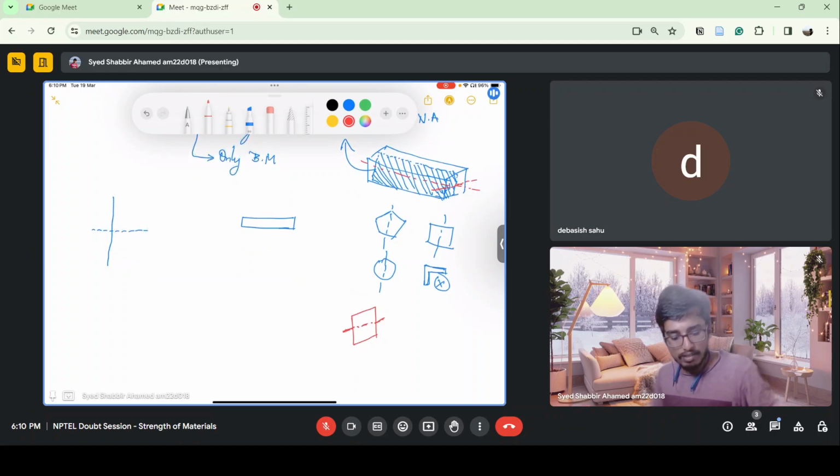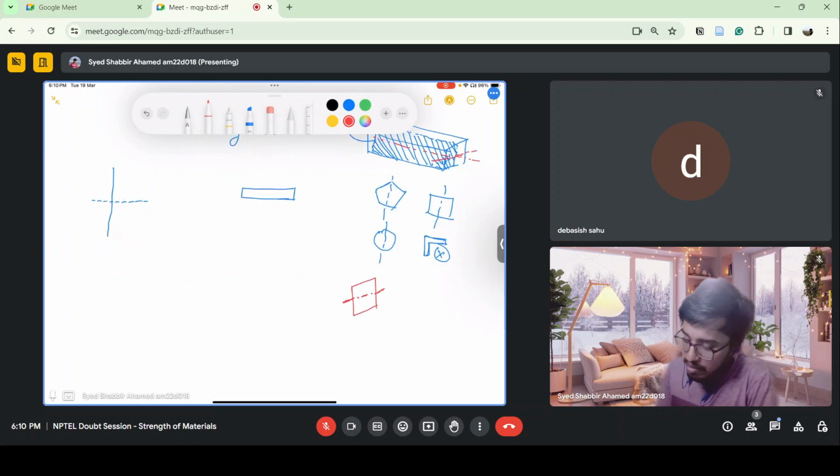So we have seen that bending stresses vary linearly from the center. At the center bending stresses are 0, and at the extreme fibers bending stresses are maximum.